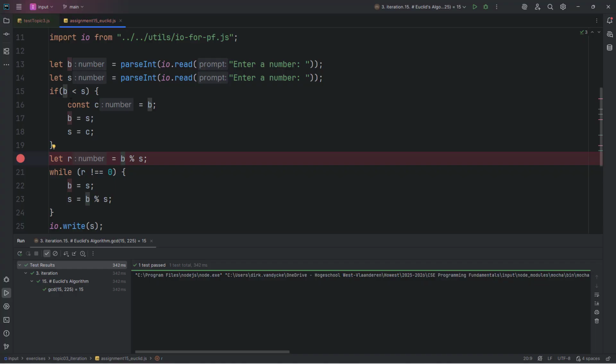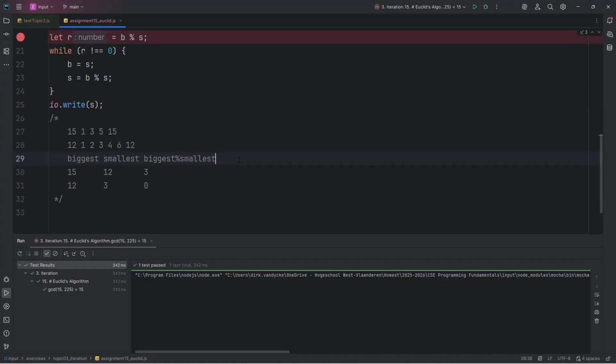But then again, what happens is, if I have 12 as the biggest and 15 as the smallest, then what happens here? You might wonder, well, what is happening there?